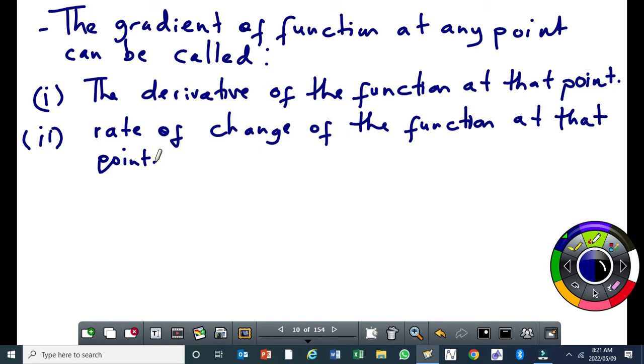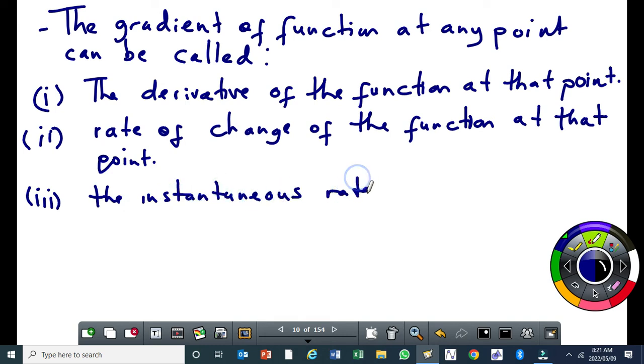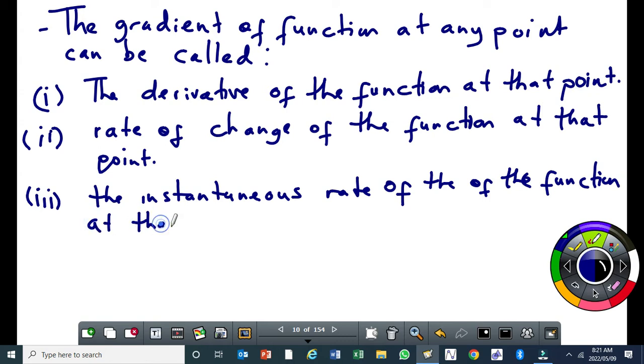It is also called the instantaneous rate of change of the function at that point.